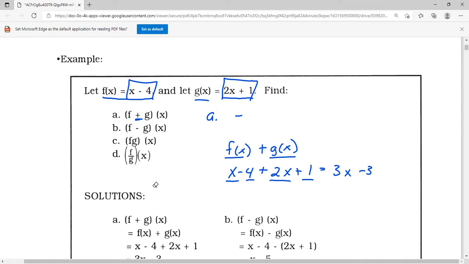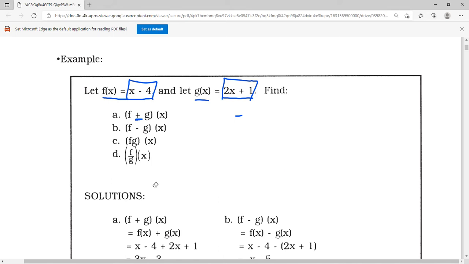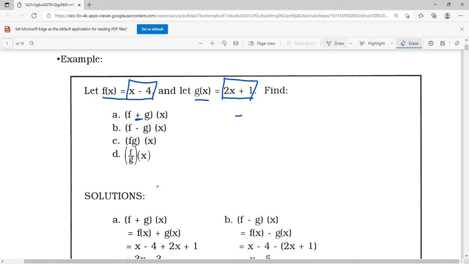We'll do b. In b, it just asks us to subtract those two functions. So we need f of x minus g of x. So for b, we need f minus g of x, and really that just means f of x minus g of x.